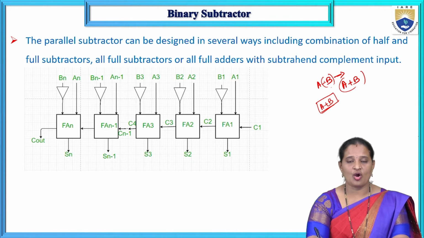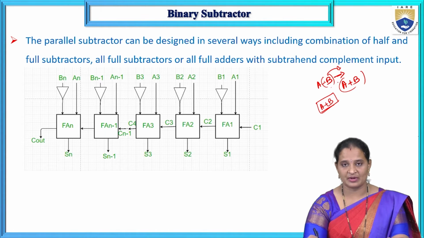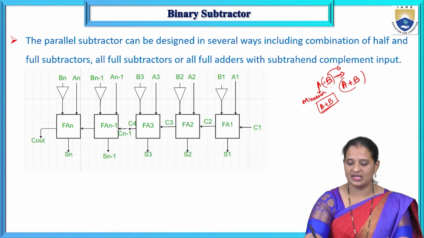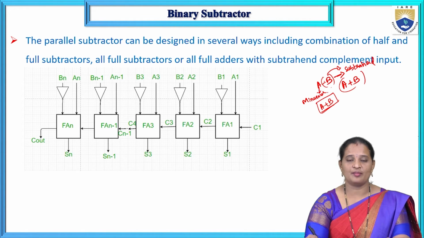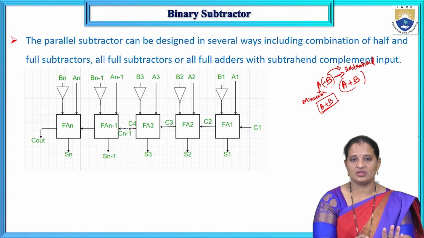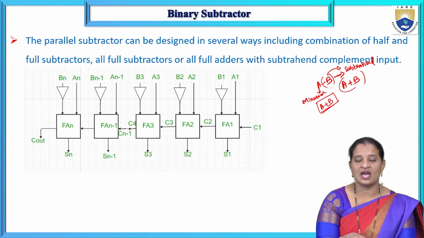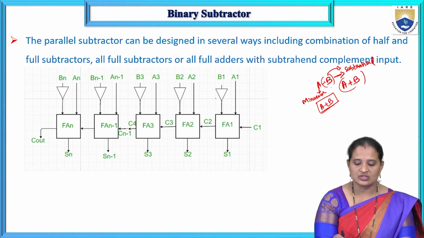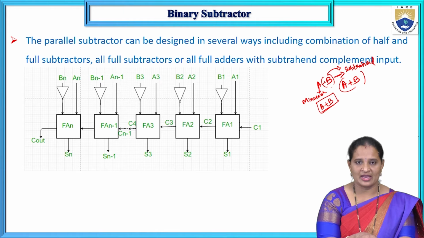When I am performing A minus B, A is called the minuend and B is called the subtrahend. By finding the complement of the subtrahend, the subtraction becomes an addition. So I can perform the subtraction even by using a parallel adder. So the circuit for performing binary subtraction is the same as the binary parallel adder.